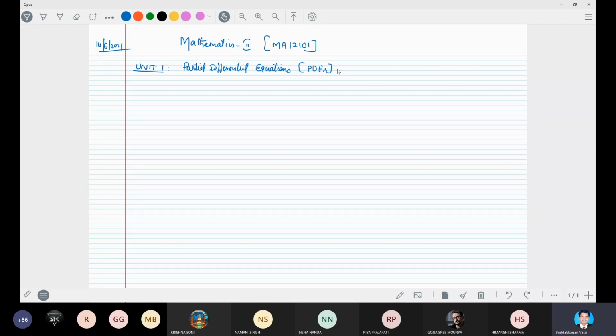Now we extend our learning to the next level of ordinary differential equations, that is, partial differential equations.